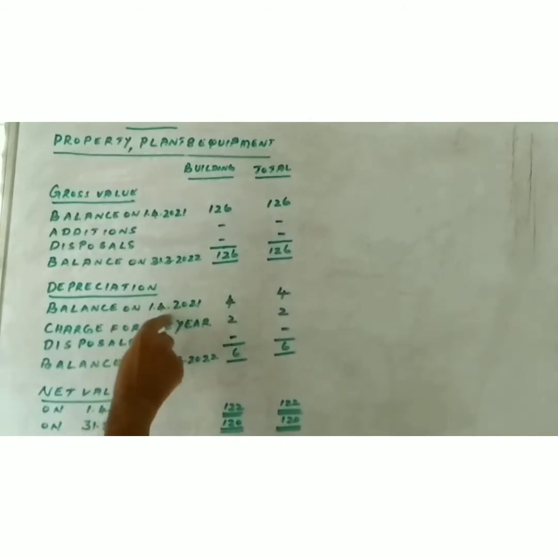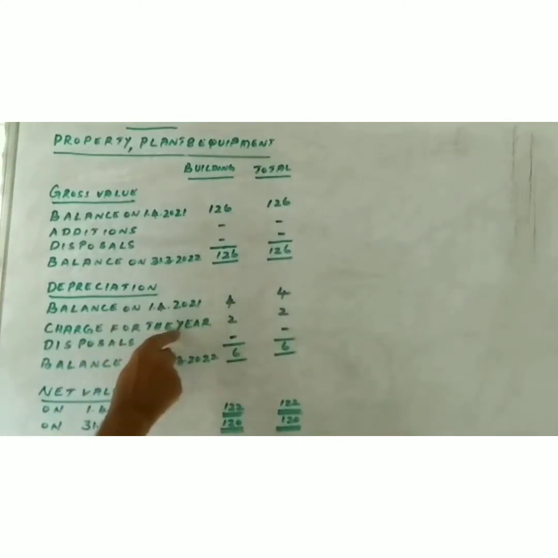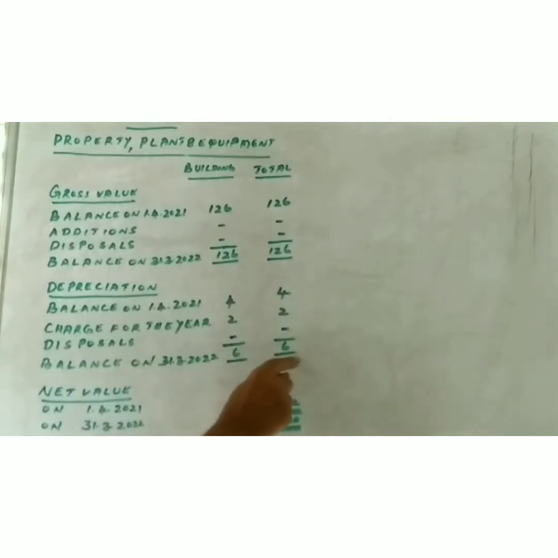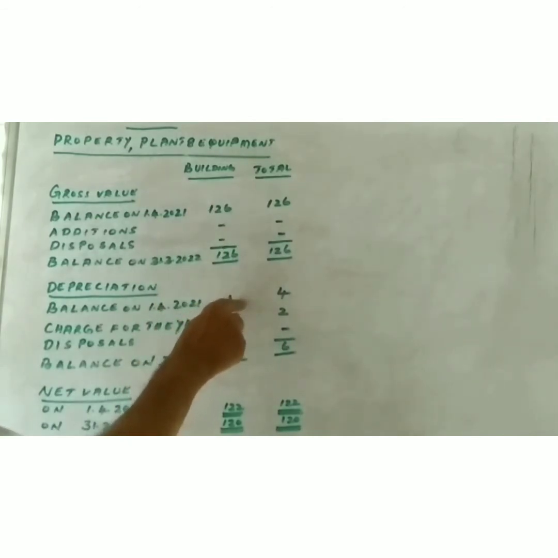Now depreciation. Balance on 1/4/2021. This is the accumulated depreciation up to 1/4/2021. It was 4. Charge for the year, that is current year's depreciation, 2. There were no disposals, so no details. Balance on 31/3/2022, 6. Now net value. Net value will be gross value minus accumulated depreciation.